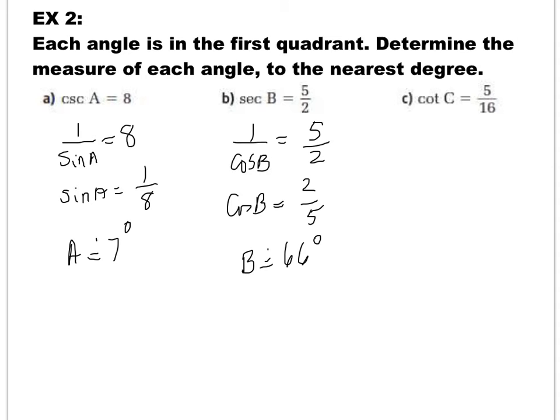For cotan C, I'm going to write 1 over tan C is equal to 5 over 16. So tan C is equal to 16 over 5. Using the inverse function, you get 72 degrees or 73 degrees.